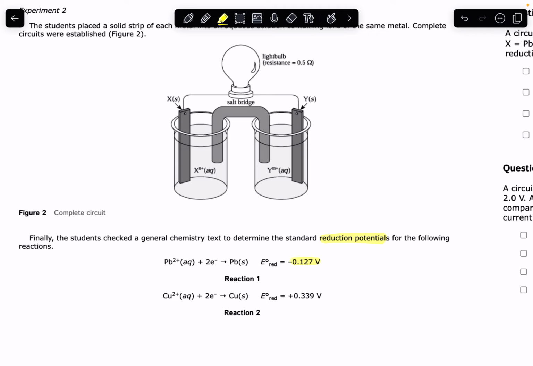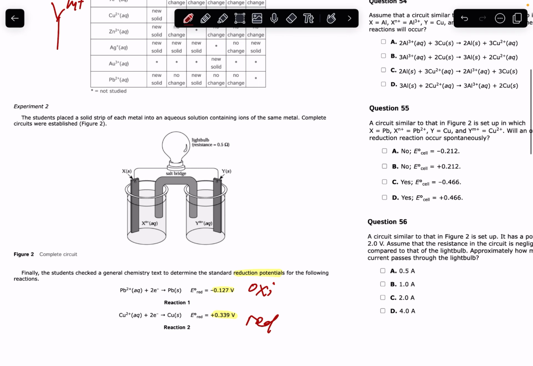Whereas reaction 2, copper getting reduced to solid copper, has a higher reduction potential of a positive 0.339. Meaning that if it was a spontaneous redox reaction, copper is the one getting reduced due to the higher reduction potential, and then the Pb will be the one that gets oxidized. Okay, so that's all I get from the figure and the rest of the passage.